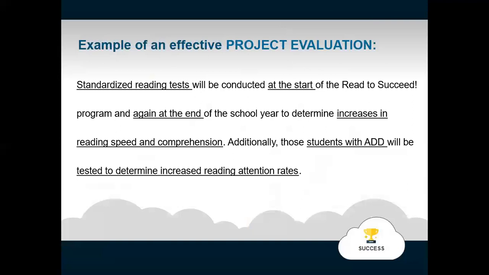In this particular example, they also chose to include students that had ADD, and they wanted to test them to determine if they had increased reading attention rates as well. But you can see that in two very brief sentences, they were able to clearly articulate how they were going to be implementing their evaluation and what the goals of those particular pre and post tests included.